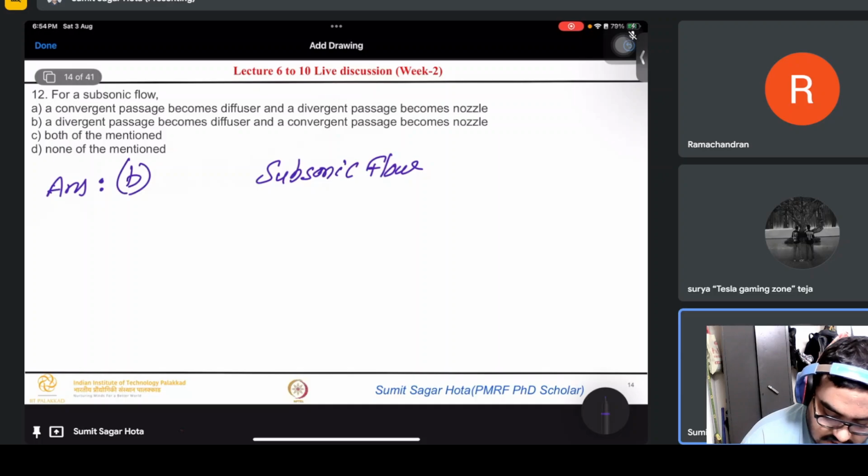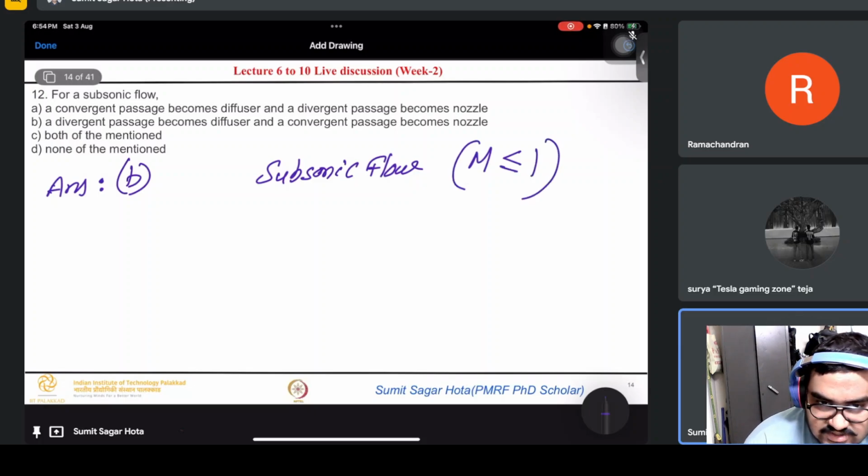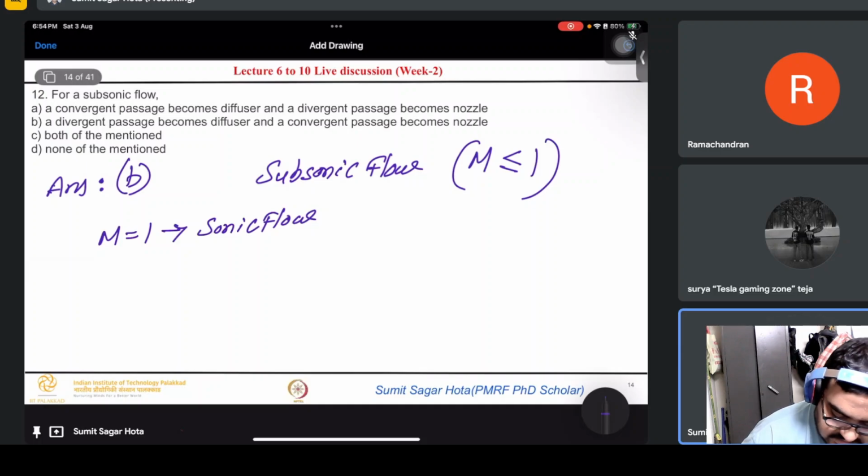Mostly we say subsonic flow, and sometimes in practical cases it is measured. But when Mach number equals 1, it's actually a sonic flow, and for sonic flow the same conditions as subsonic will apply. So there is nothing that changes.